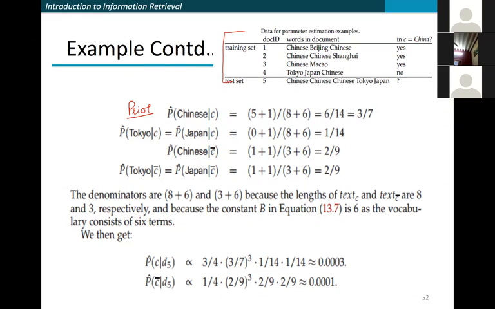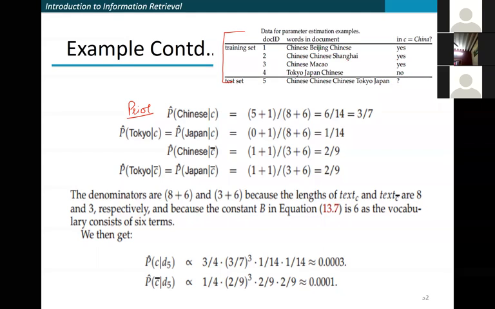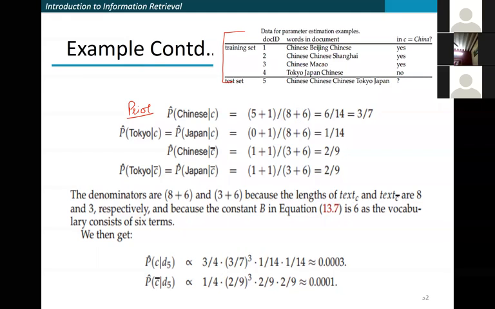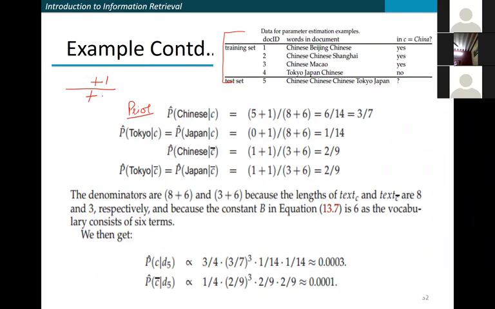So you look at the class China. सो चाइनीज, बीजिंग, चाइनीज, शंघाई, मकाओ, टोक्यो, जापान, चाइनीज. सो नंबर ऑफ वर्ड्स जितने भी आपके हैं, वो आपकी vocabulary का साइज होगा. रिमेंबर आपको मैंने बताया था कि हम न्यूमरेटर में 1 ऐड करते हैं और डिनोमिनेटर में हम k ऐड करते हैं.